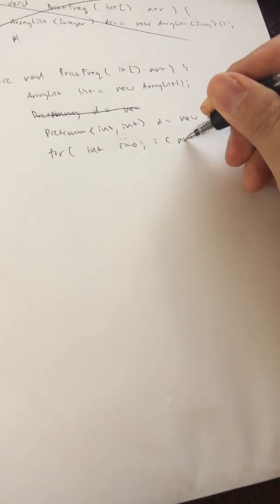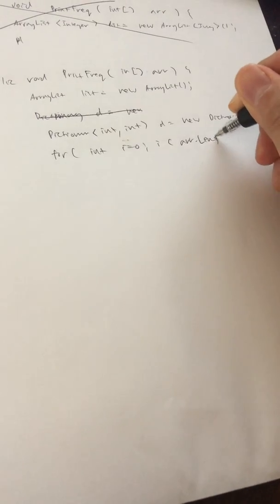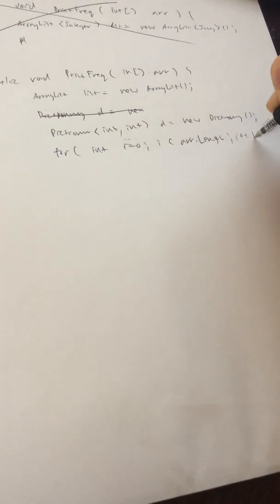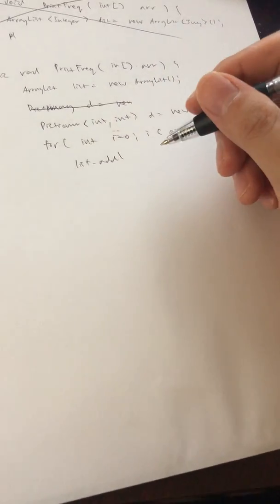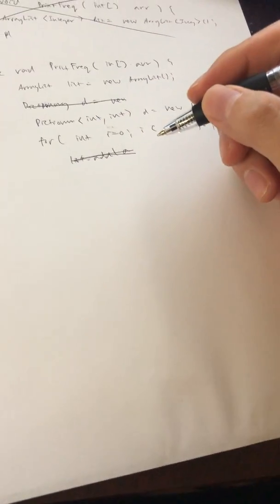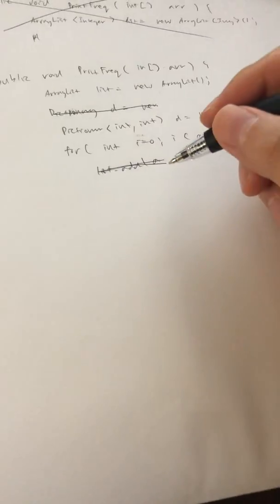So for int i equals 0, i is less than r dot length, i plus plus. Actually, before we add anything, I'm going to check if my dictionary has that value.